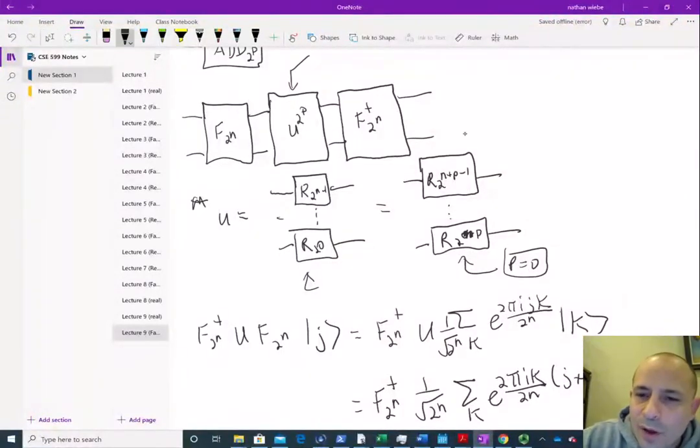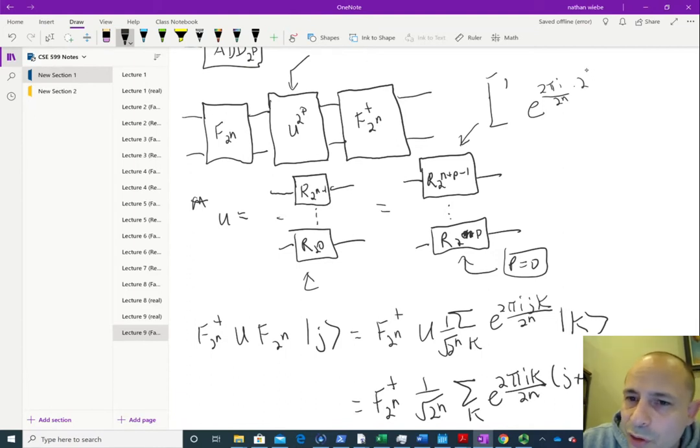So for example, if this thing up here ends up taking a form 1, e to the 2 pi i over 2 to the n times 2 to the n plus p minus 1.